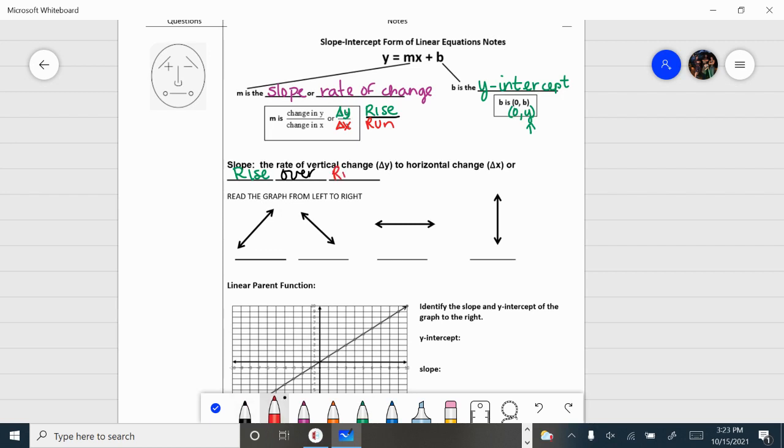All right, just to put it actually in words for us. So we've got 4 types of slope. We have a positive slope where our rise goes up in a positive direction and our run goes to the right in a positive direction.